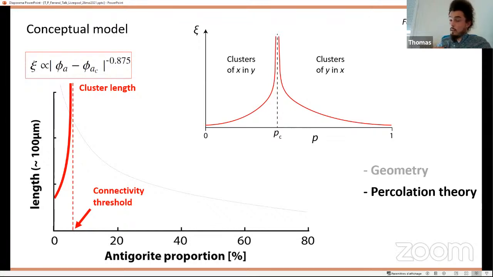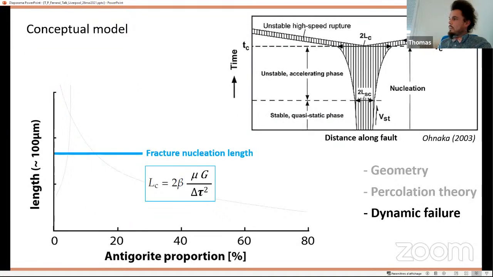And you need a third length to close this triangle I tried to draw, and this is the fracture nucleation length, which is basically a rupture criterion, but as a length.